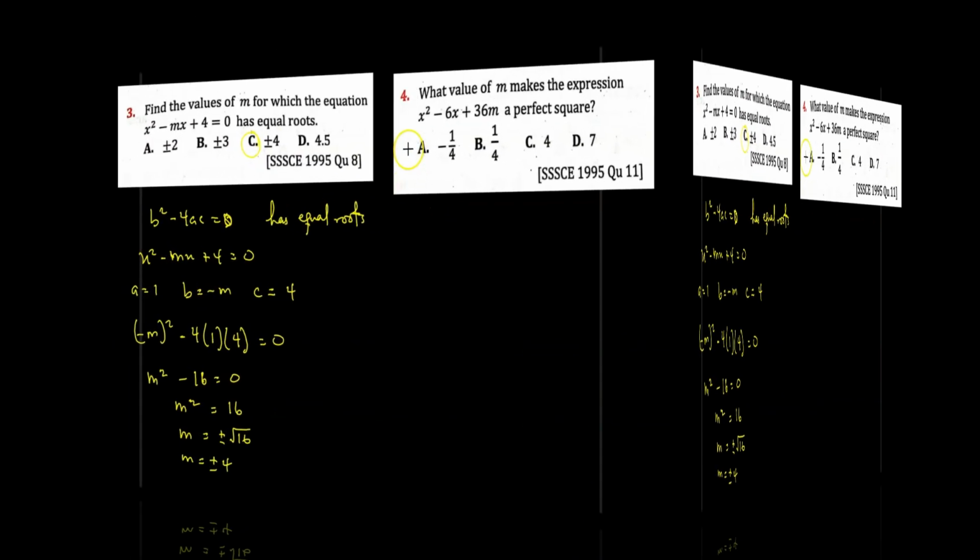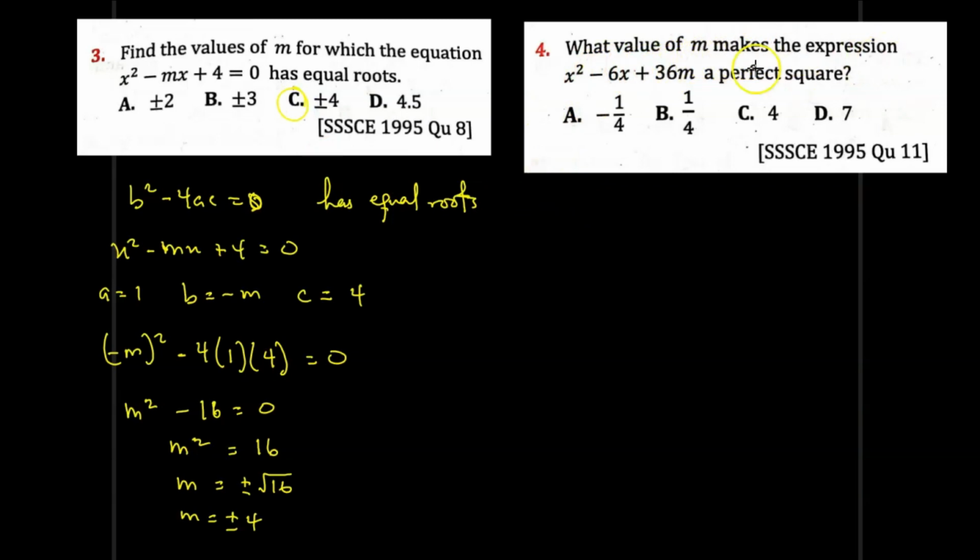Going to the next example, what value of m makes the expression a perfect square? So then again, you should understand what a perfect square is, and what it means is that you have a number which is repeating itself. So that's what it means, and that makes it a perfect square.